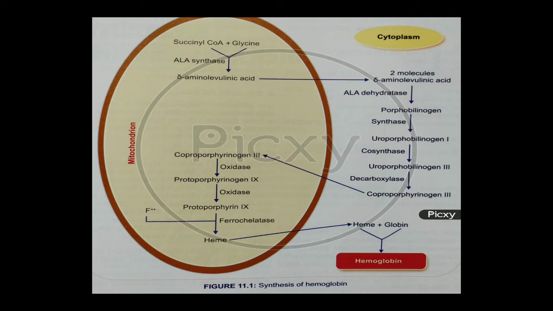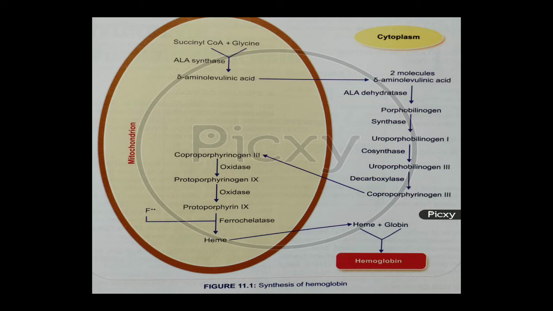Decarboxylation continues, converting it further. Porphobilinogen III is oxidized in the mitochondria, then protoporphyrinogen IX oxidase produces protoporphyrin IX, and ferrochelatase makes heme.